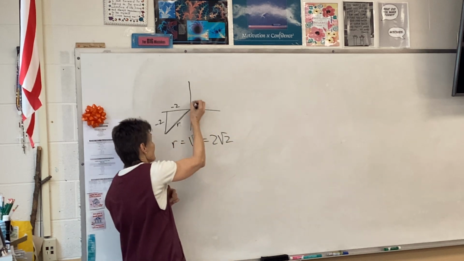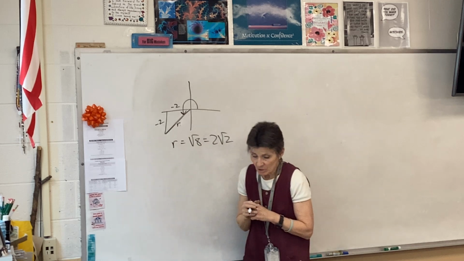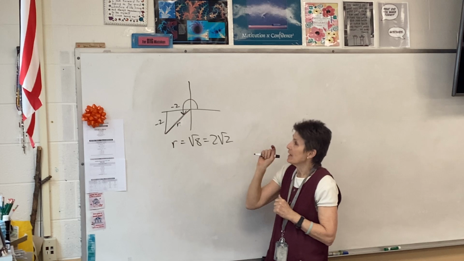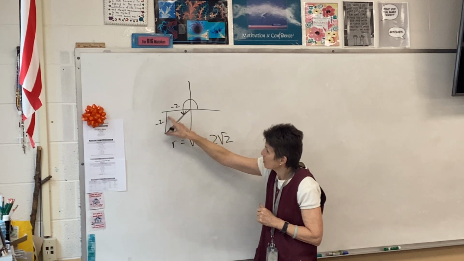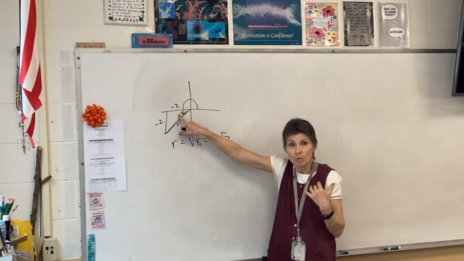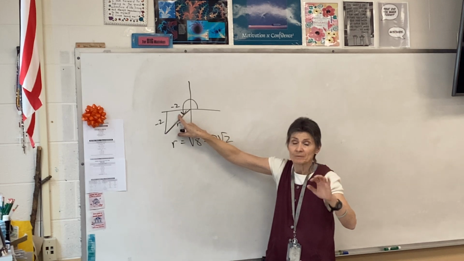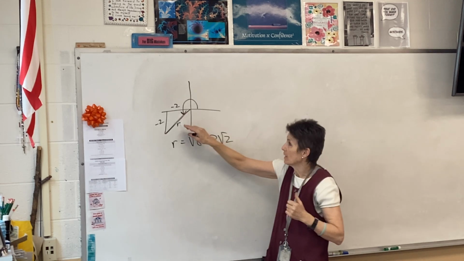Now we need theta. Theta must be measured in standard position. I am very confident that you know that because those two numbers are the same, that's a pi over 4. A pi over 4 is the only angle that has x and y matching. Isosceles right triangle.